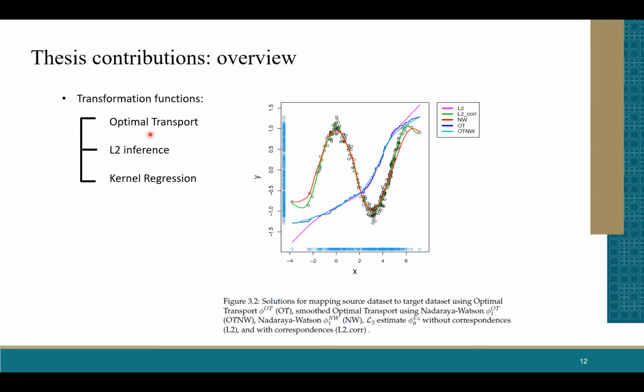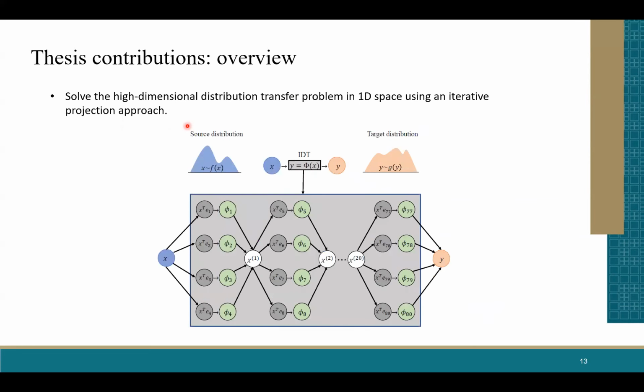On the other side, optimal transport doesn't take into account, when computing the solution, any available information about correspondences, and the solution is always an increasing function by definition, and it is not smooth. And we show that we can smooth the optimal transport using a smoothing technique as part of the algorithm.